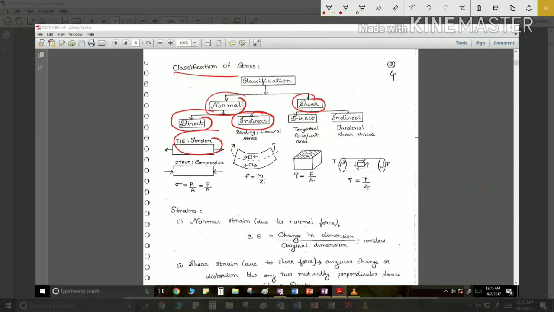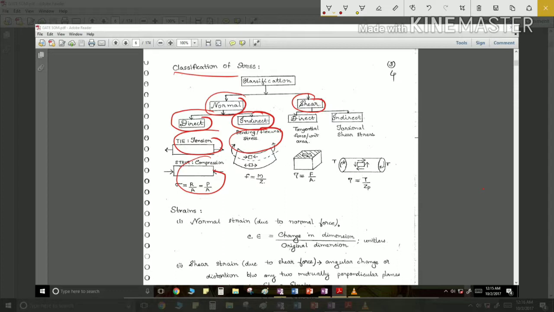Normal stress is nothing but direct stress and indirect stress. In direct stress we have tension and compression, and in indirect stress we have bending or flexural stress because of loading conditions. So stress is classified as normal stress and shear stress, and under normal we have direct stress and indirect stress.